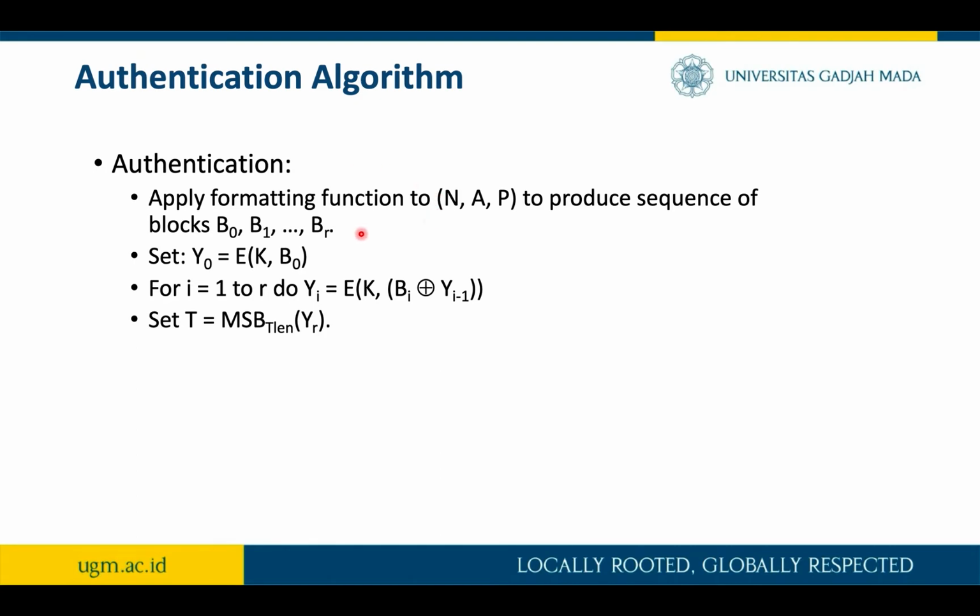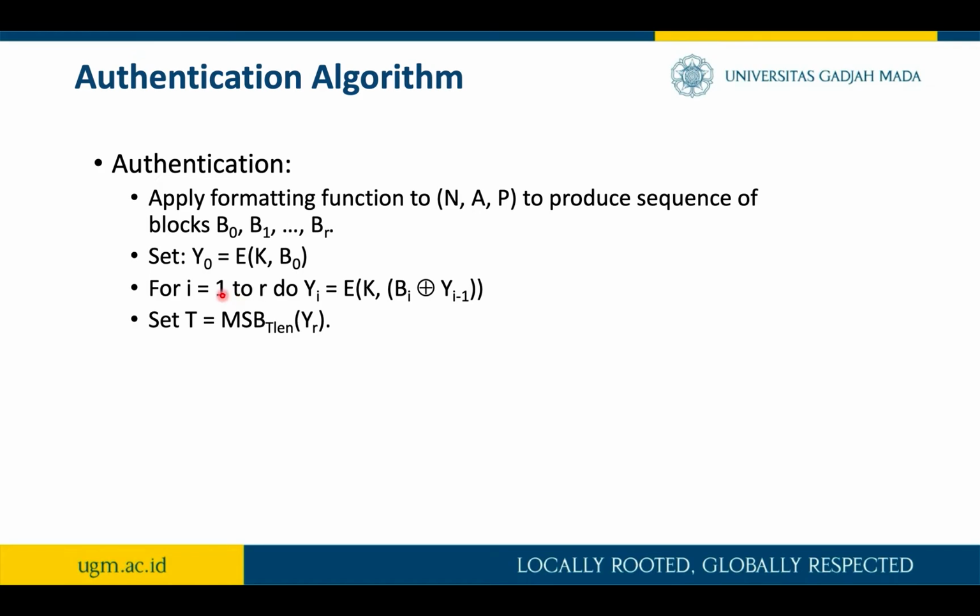So we have here R blocks, P0 to PR. First, we encrypt P0 using the key K. We get Y0.